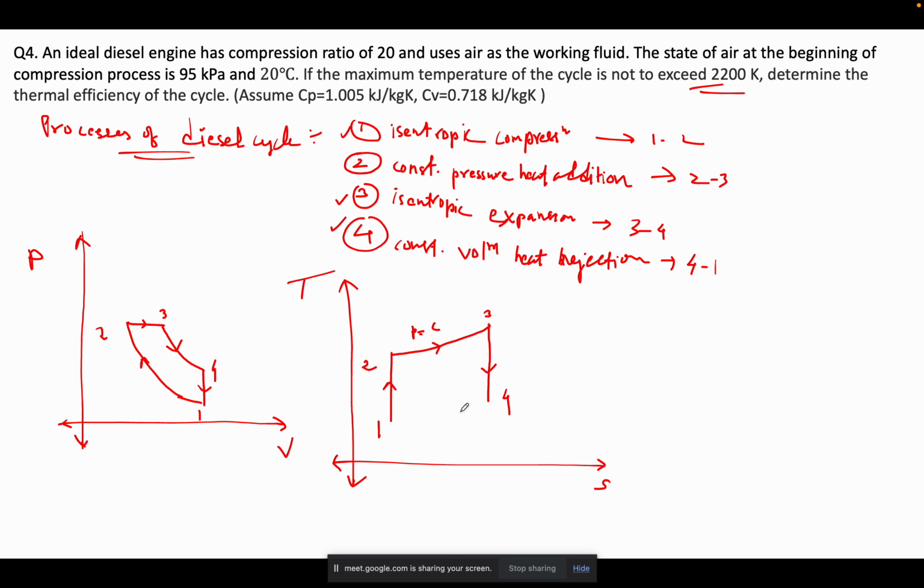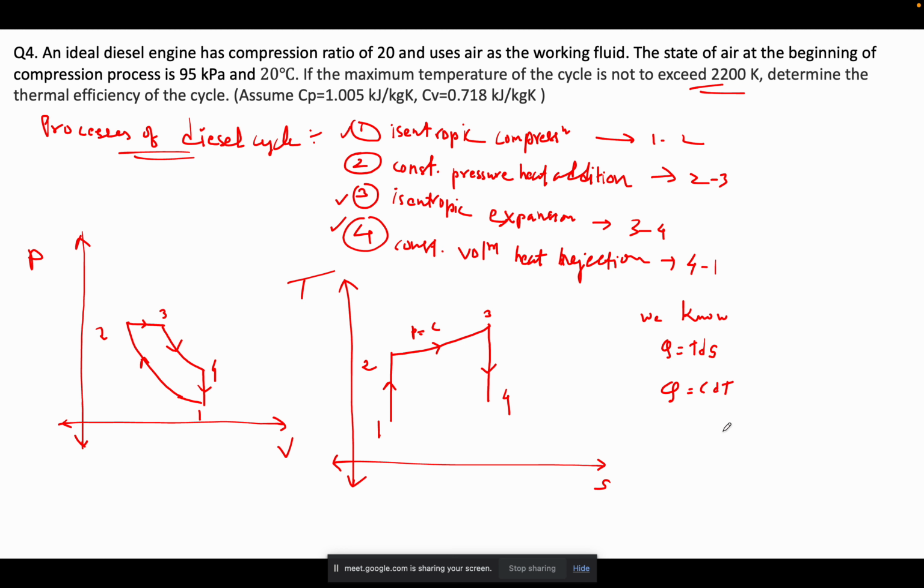So we know Q is equal to T dS, and also we know Q is equal to C dT, whether it is Cp dT or Cv dT. It depends on whether it is a constant volume process or a constant pressure process.